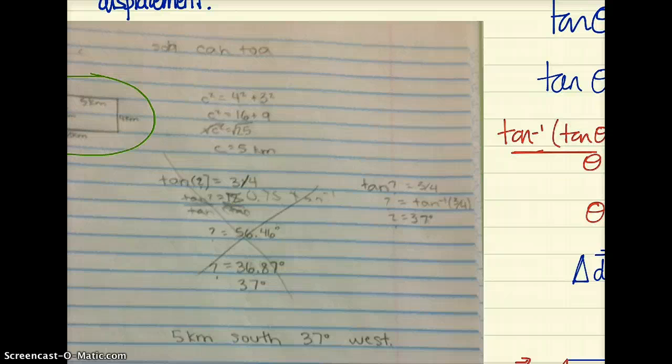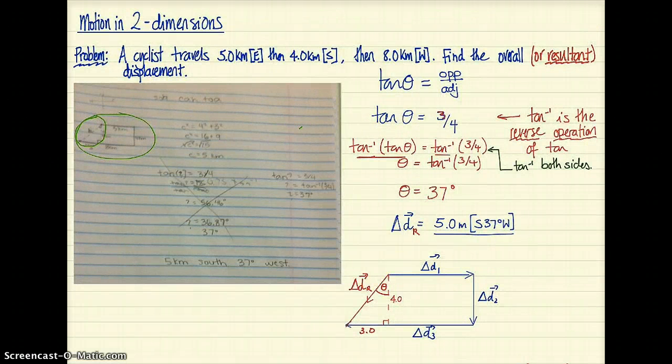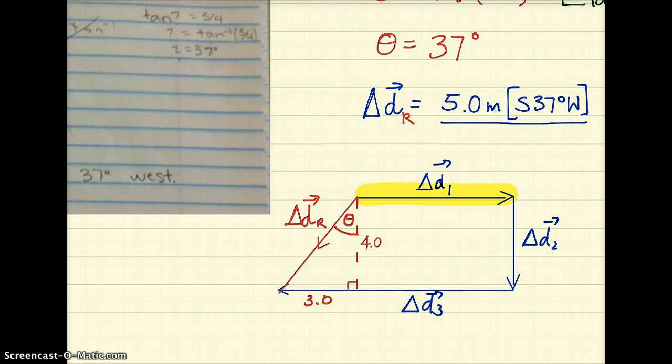And you can see that when it's drawn this way, there is a right angle triangle that forms over to the side. So I'm going to zoom out for just a minute and show you a bigger version of this triangle or this shape. Down here you see we have the 5 kilometers to the east, the 4 kilometers south, and the 8 kilometers west, and then the right angle triangle forms.